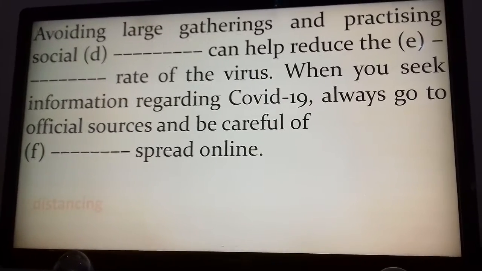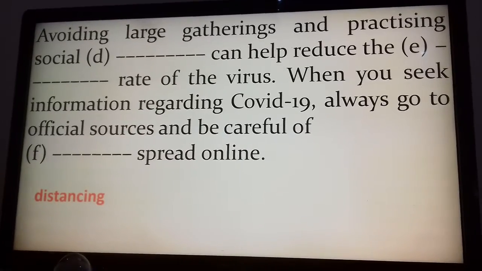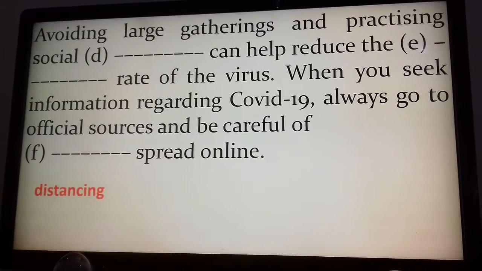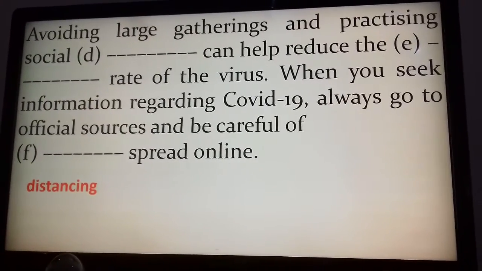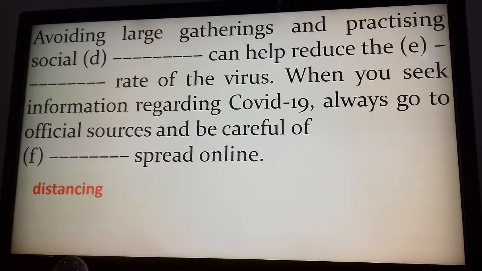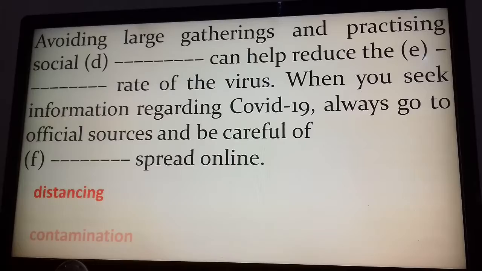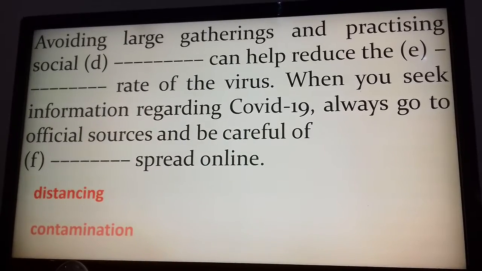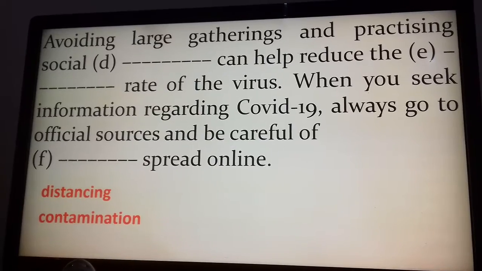So try to fill the text. So we say social distancing, all right? Social distancing. Always go to official sources and be careful of spread online. So the second word should be, reduce the, you try, the contamination rate. All right, the contamination rate.